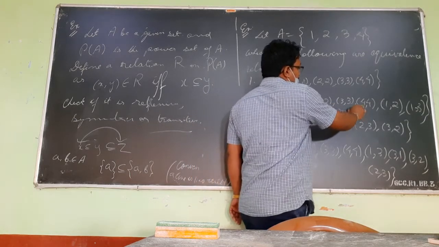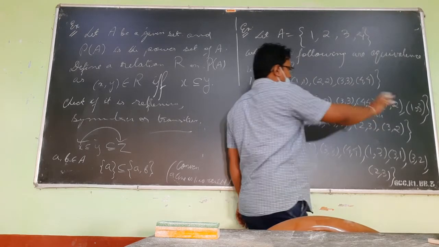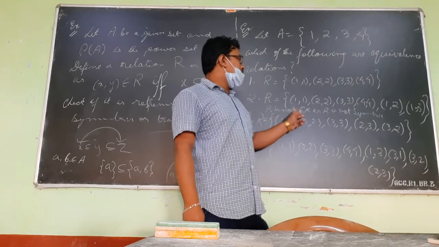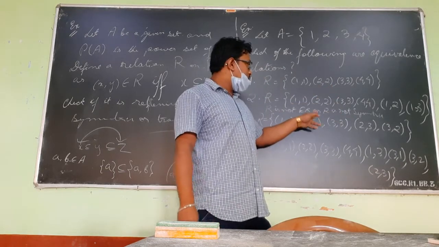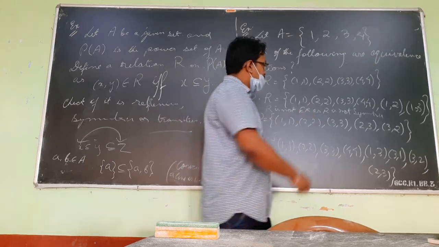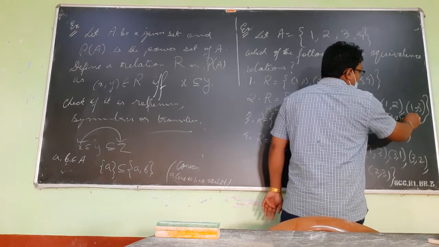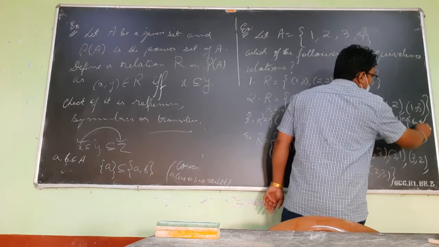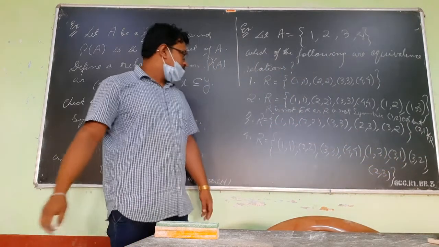If any of these is not satisfied, then it is not an equivalence relation. For equivalence, everything has to be satisfied: reflexive, symmetric, transitive. If at least one is not satisfied, it is not equivalence. Why is it not symmetric? 1, 2 belongs to R, but 2, 1 doesn't belong to R. So you have to justify it that way.